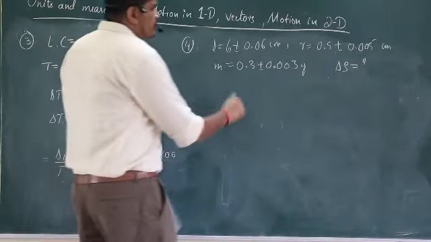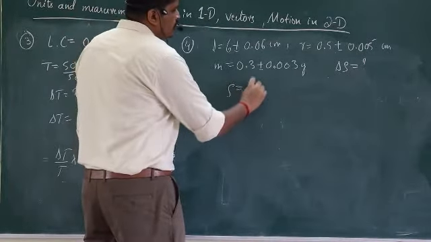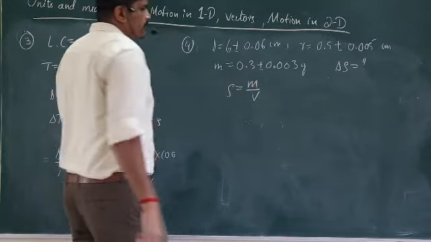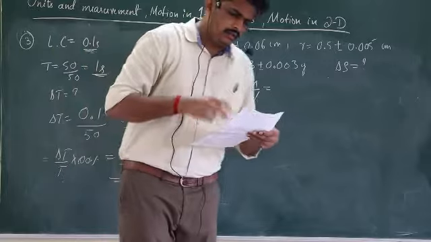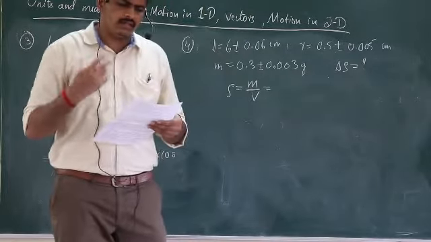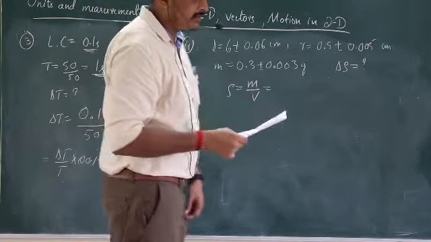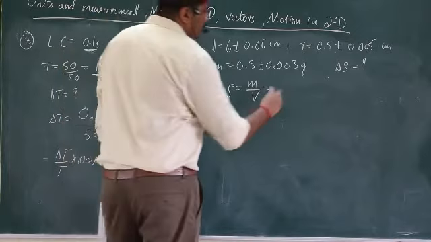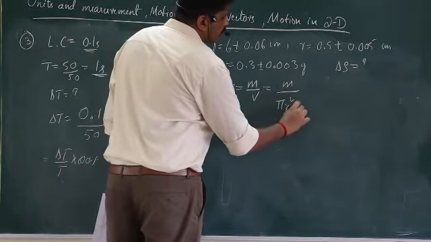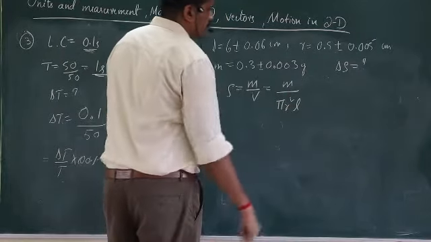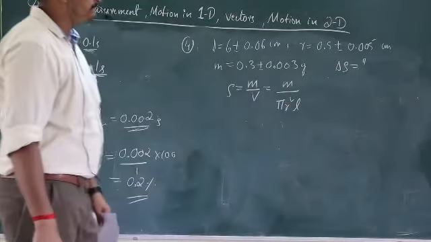So we know the basic formula for density equal to mass by volume, correct? Volume, what they have given, whether it is a geometrical shape here? Yes, of course. Length and radius of a wire is given, that means cylindrical kind of shape. That means pi r square L I can take, right?